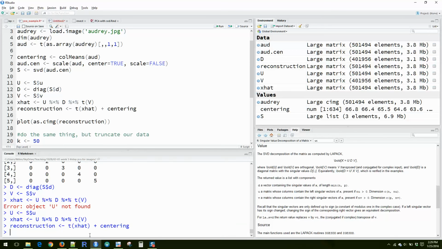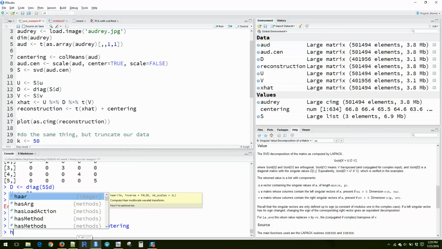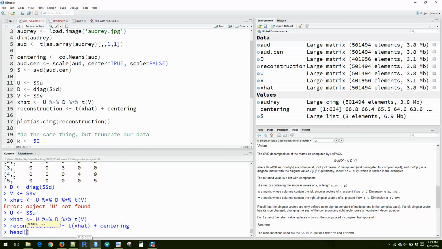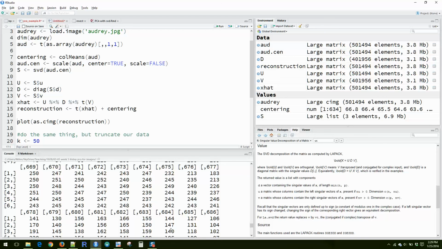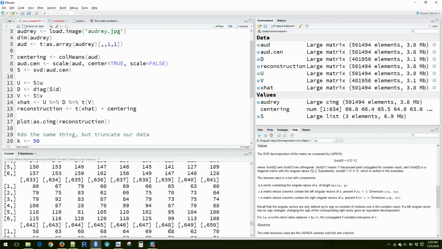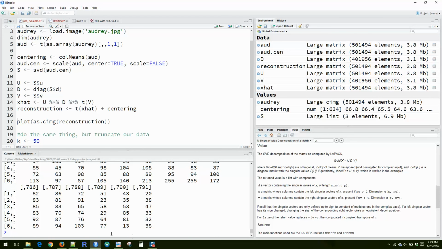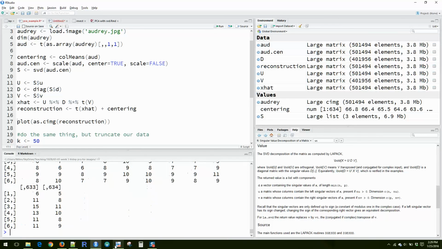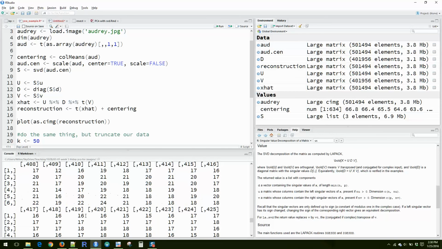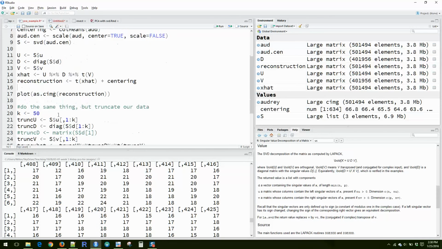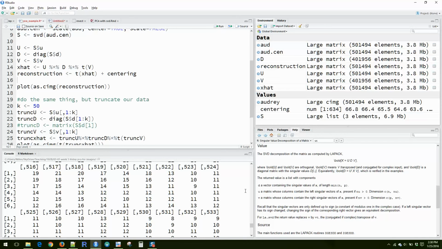And so we can ask, what is the head of reconstruction? I think this should match the head of our original data, or maybe the transpose of reconstruction. Yeah. Okay, so if I ask for the head of the transpose of reconstruction and the original data, they line up.